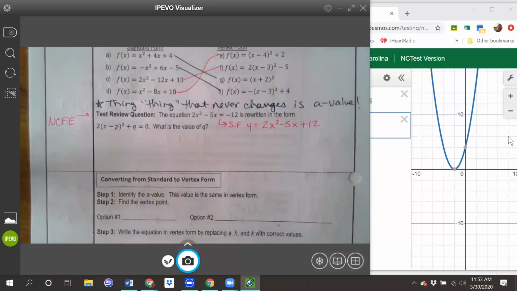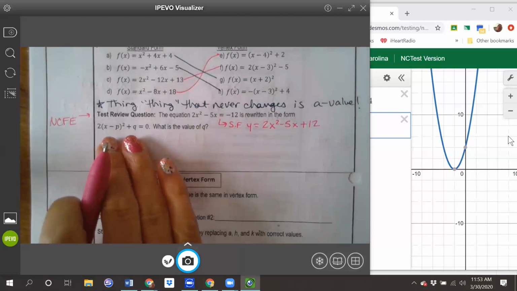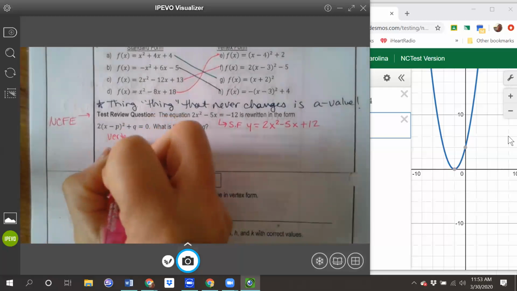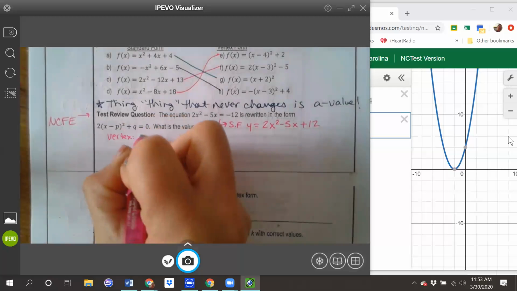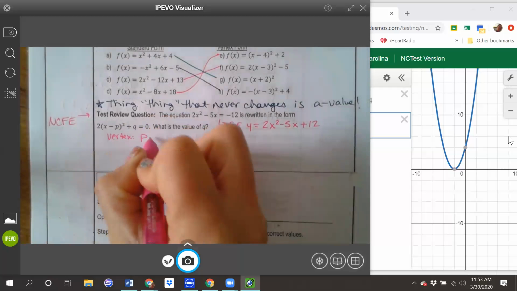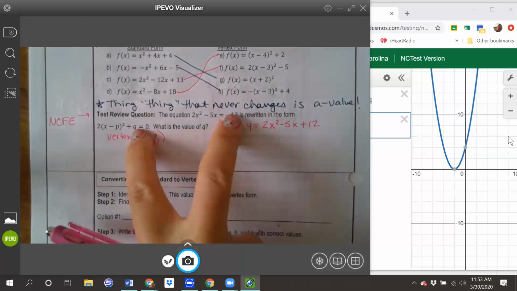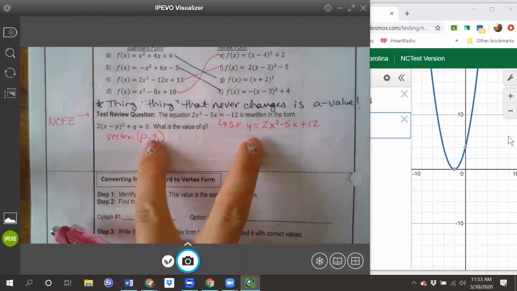The nice thing about vertex form is you can see the vertex. So the vertex here is at (p, q). If these are the same thing, then that means that their vertex should be the same.